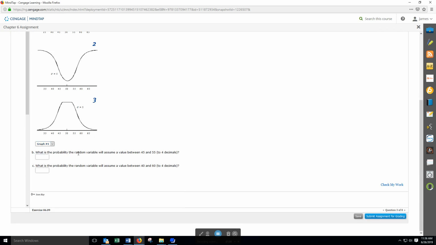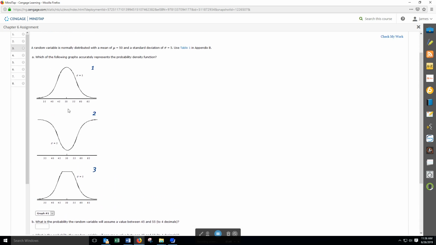Now, what is the probability the random variable will assume a value between 45 and 55? And they want us to round this out to 4 decimals. So here, we're looking at what is the probability that a value could fall between 45 and 55. What we're going to do is calculate z values for x equals 55 and x equals 45.